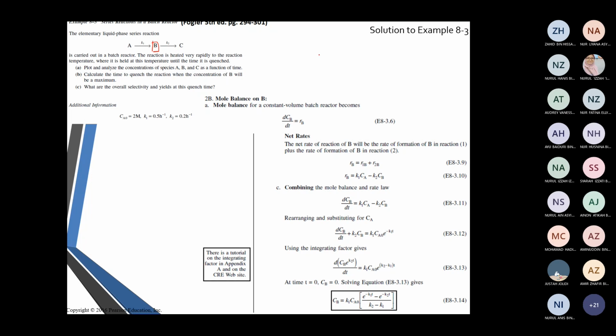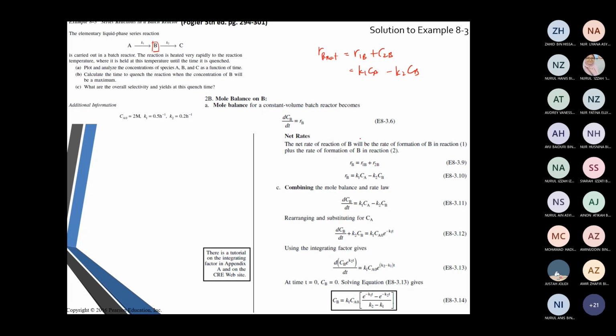RB net is equal to R1B plus R2B. What is R1B? It is k1 Ca, and then minus k2 Cb. Because here it is a reactant, so it is negative, and here it is a product, so it is positive.